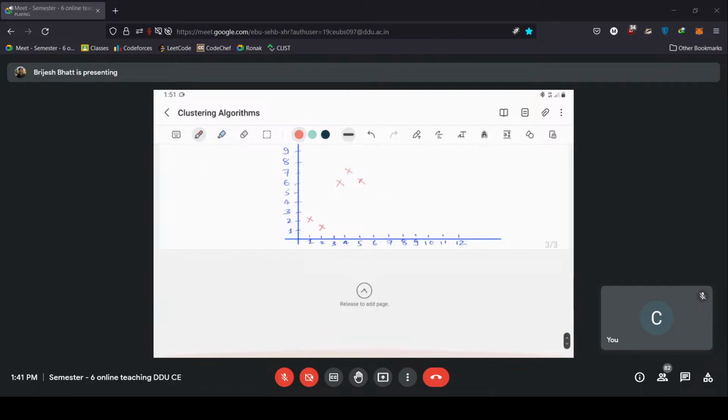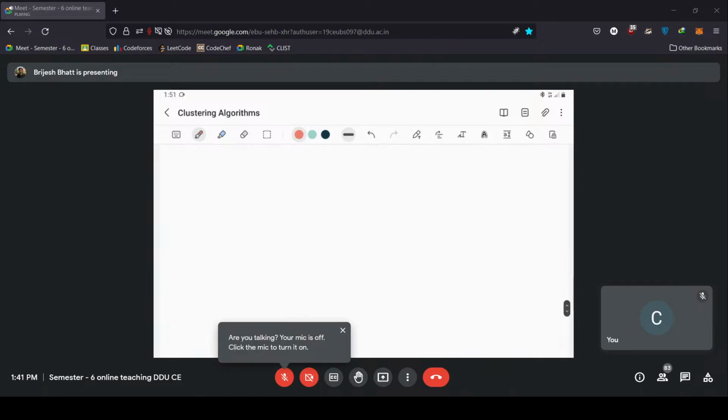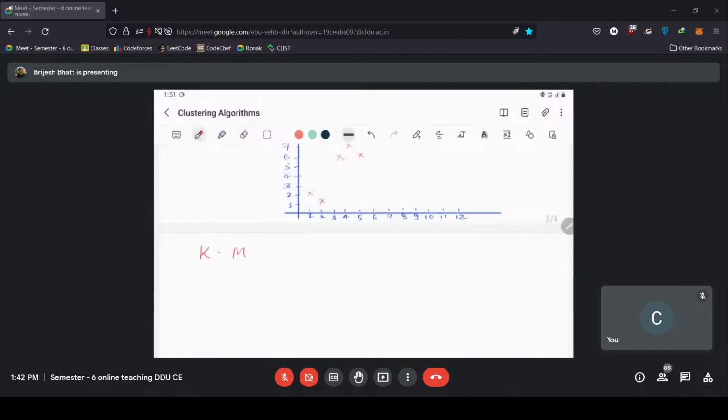So let's first try k-means clustering. We have to select three cluster heads also.